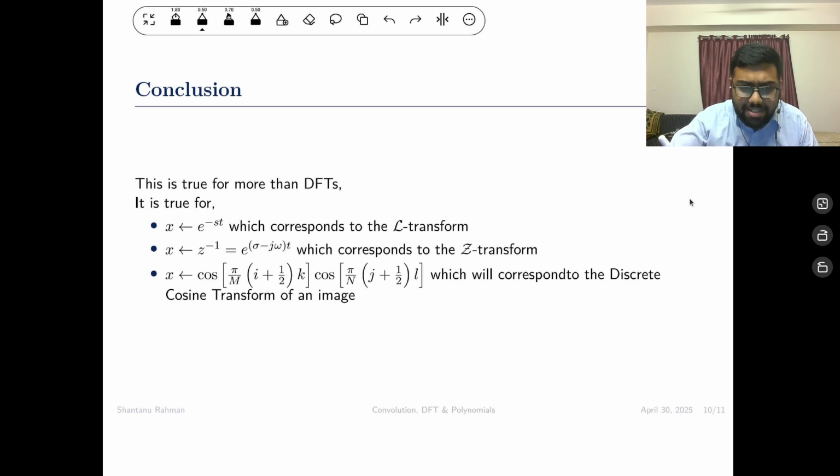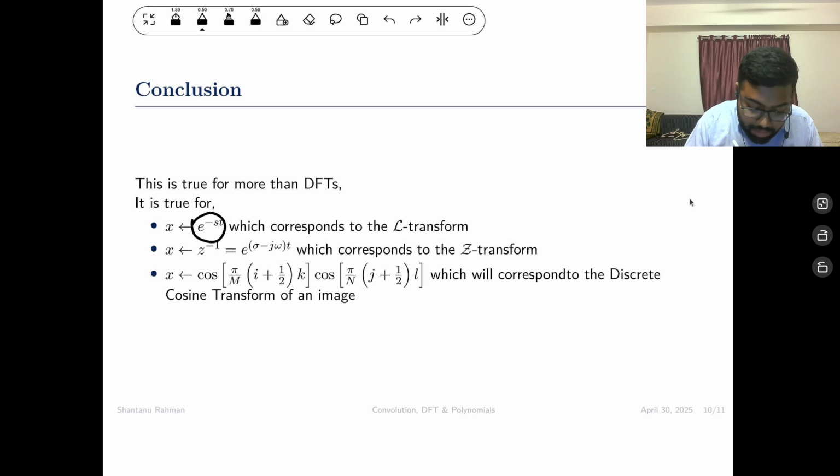And this is not true for the discrete Fourier transform only. This is also true if we set x to e to the power minus st, which corresponds to the Laplace transform, or x to z inverse, which corresponds to the z transform of the system, and so on.